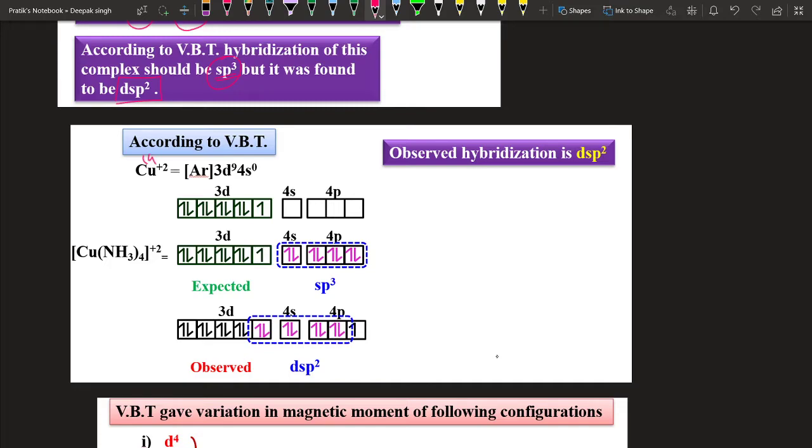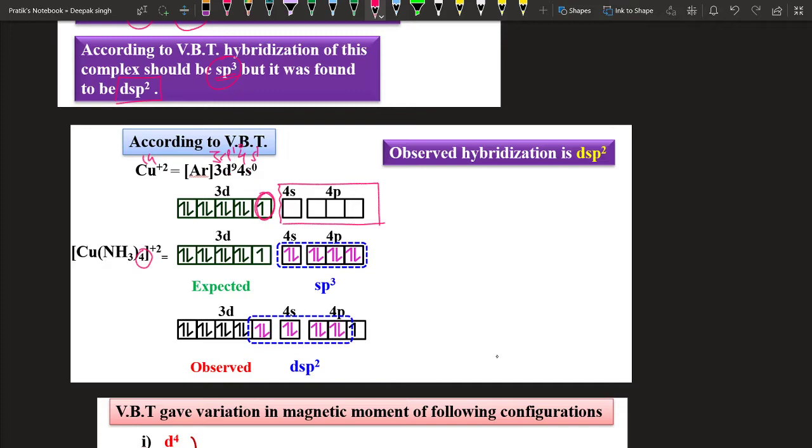If you check this, this is copper 2 plus, when there has to be loss of 1 electron. Initially if you write the copper configuration, it is 4s1 and 3d10. So copper 2 plus is 4s0 and 3d9. If there are 9 electrons, there has to be 1 unpaired electron. If the coordination number is 4, it should require 4 vacant orbitals. So 4 vacant orbitals means we have to take 1 orbital from 4s and 3 orbitals from 4p.